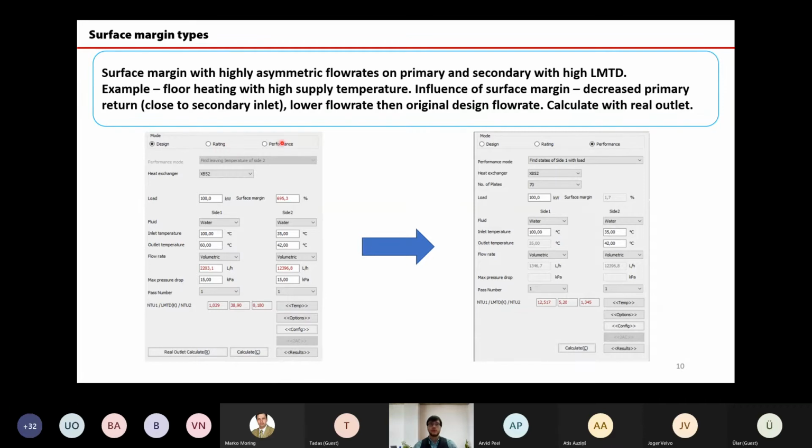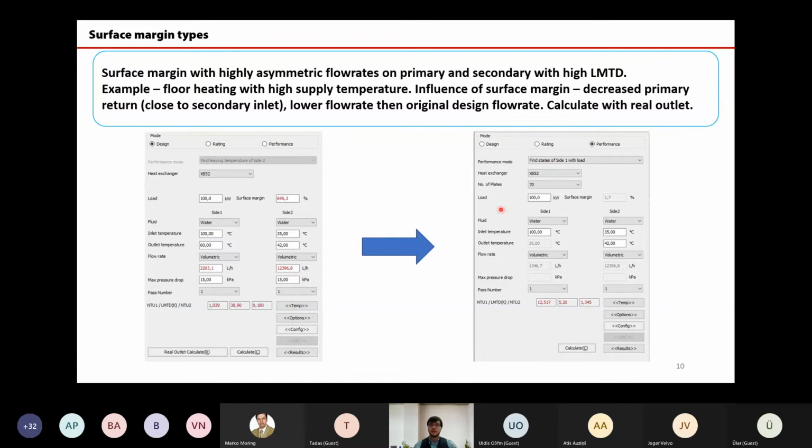Either in the selection tool, you go to performance mode and then you do the performance calculation, or, as I will show later on, you can use our real outlet calculate feature when you simply perform the design of the heat exchanger. But what's most important, the performance calculation tells me exactly how my surface margin will impact real behavior of the heat exchanger in the real system.